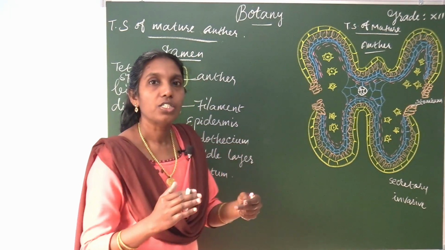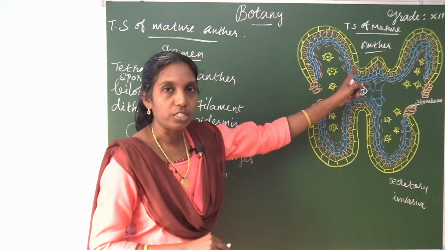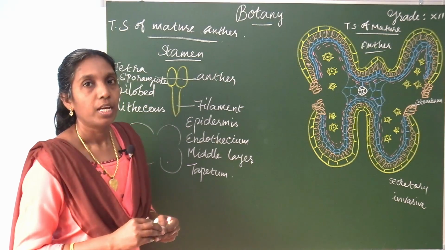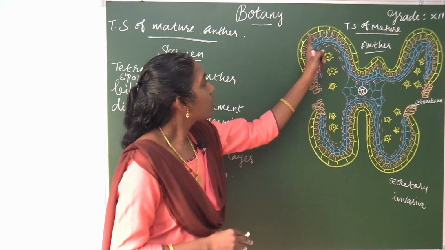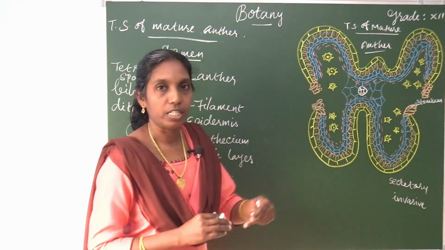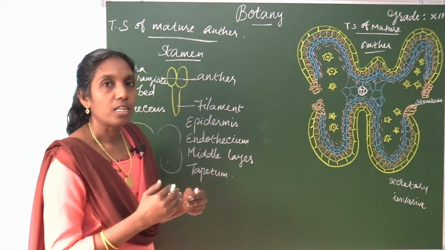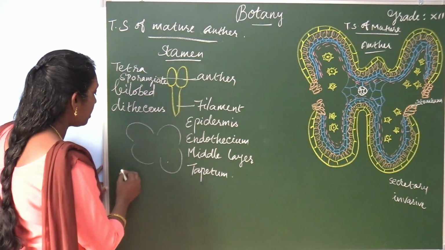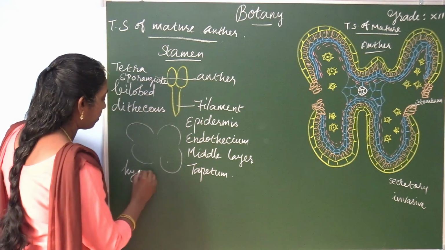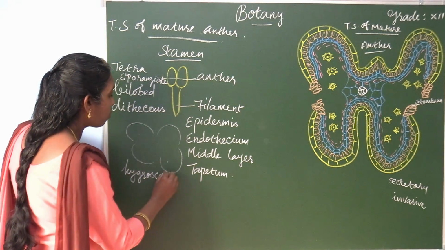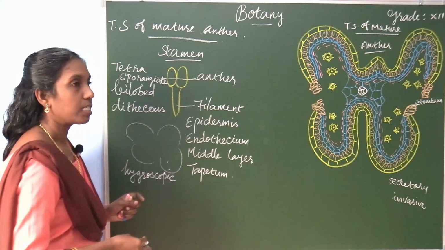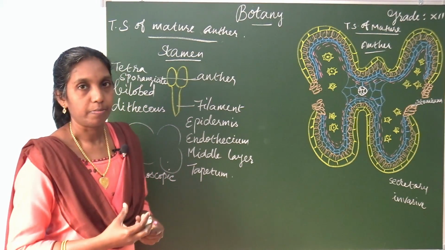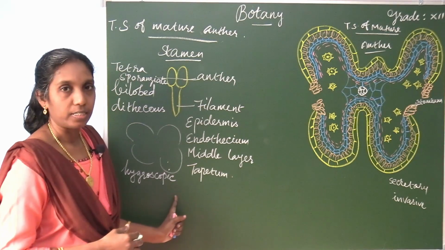The epidermis is made up of a single layer, and endothecium is also a single layer of elongated cells. The tangential walls of this endothecium consist of alpha cellulose. There is a thickening present in this endothecium. The nature of this layer is hygroscopic, that means it tends to absorb moisture.